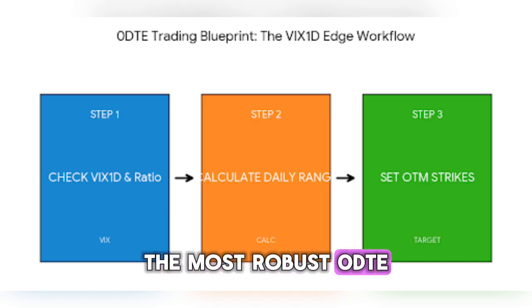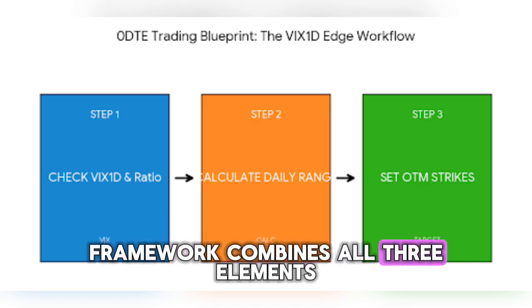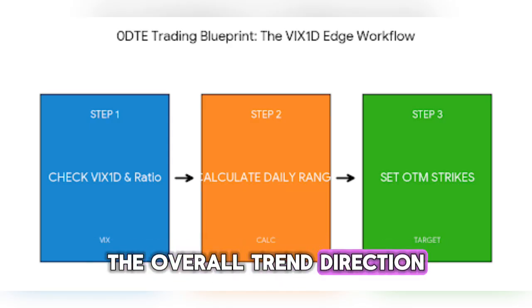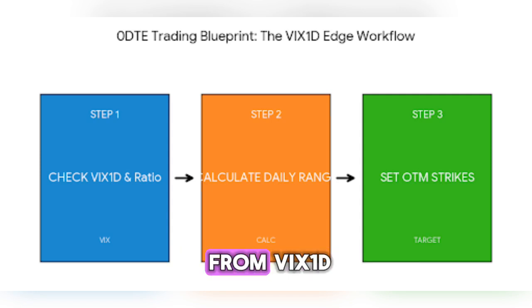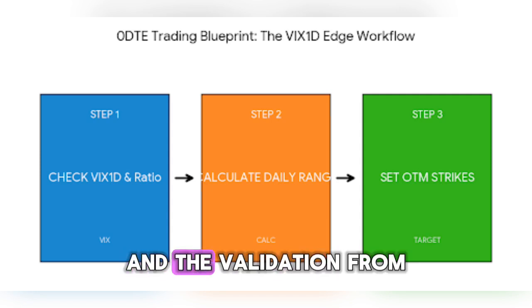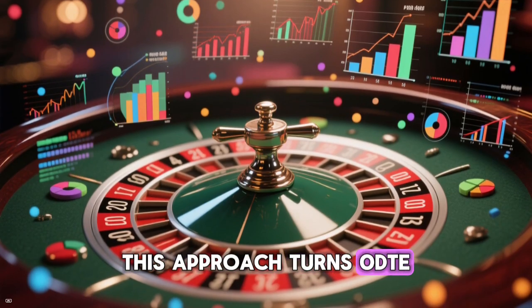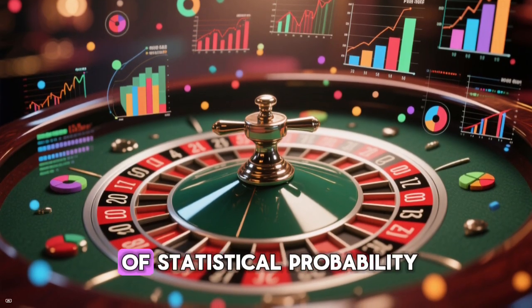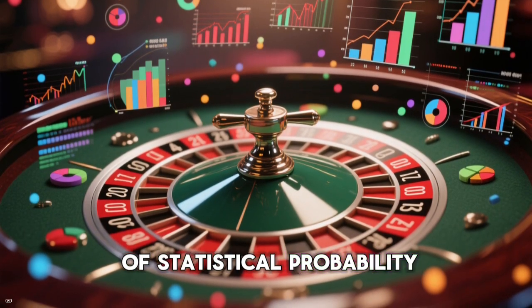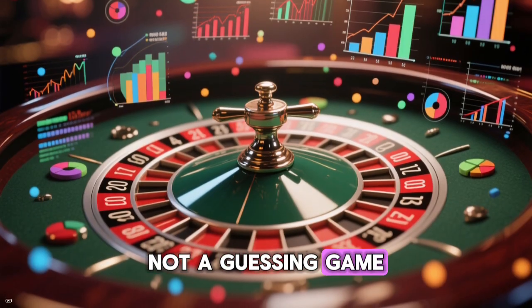The most robust ODTE framework combines all three elements: the overall trend direction, the expected move derived from VIX1D, and the validation from true range. This approach turns ODTE trading into a game of statistical probability, not a guessing game.